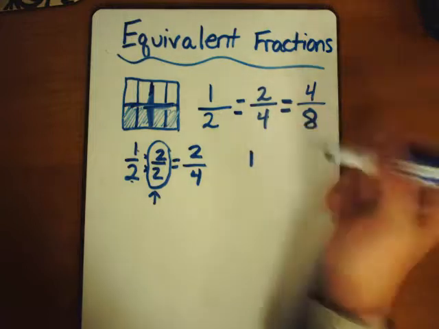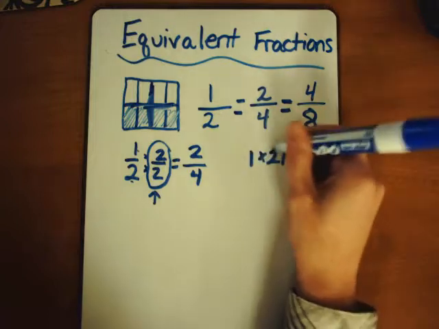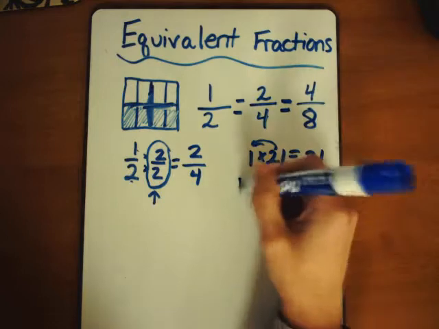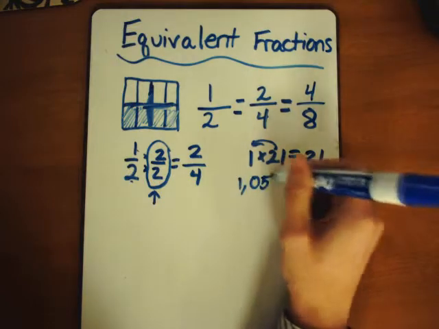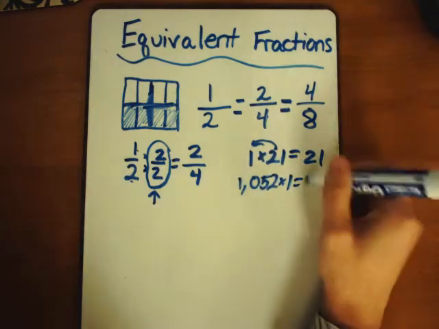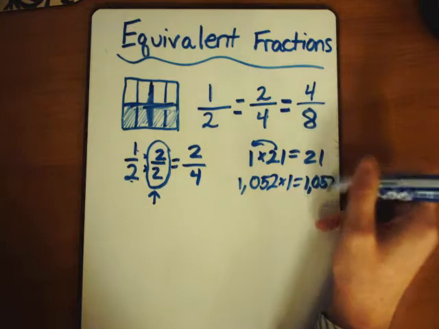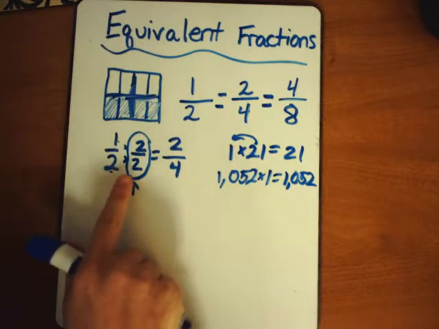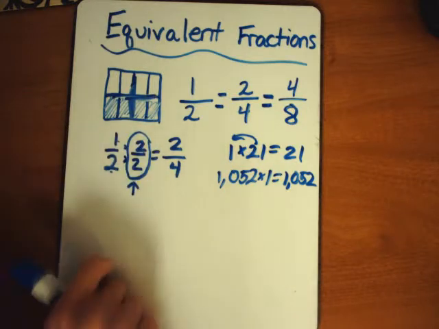We know that 21 times 1 right there is going to be 21. We did 1052 times 1, our answer is going to be 1052. So in this particular case then, that makes total sense. We're multiplying it by 1, right? So of course those fractions are going to be equal.